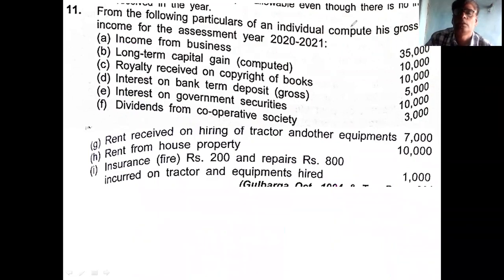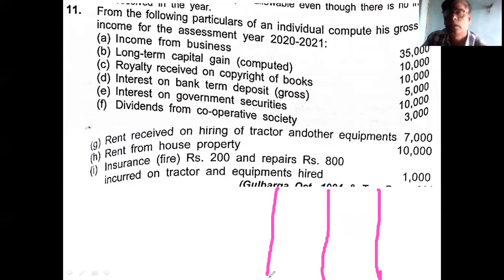Next head is income from other source. First head income from house property, second head income from business, third head income from capital gain. Fourth head, you write other source.